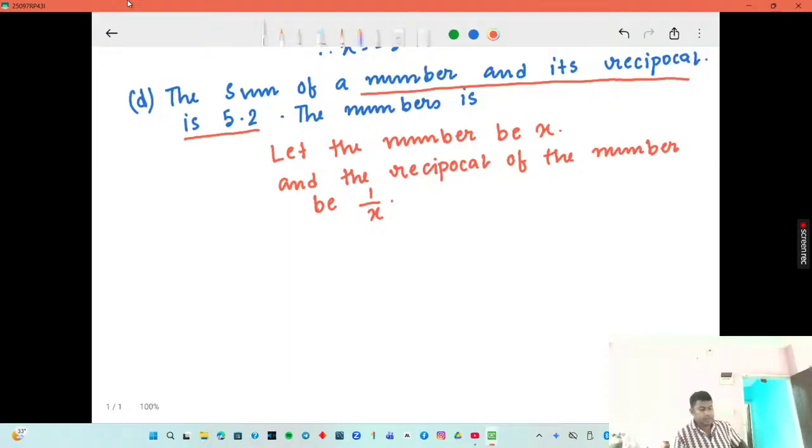Is it clear? So here, let the number be x and the reciprocal 1 by x. Is it clear to you?